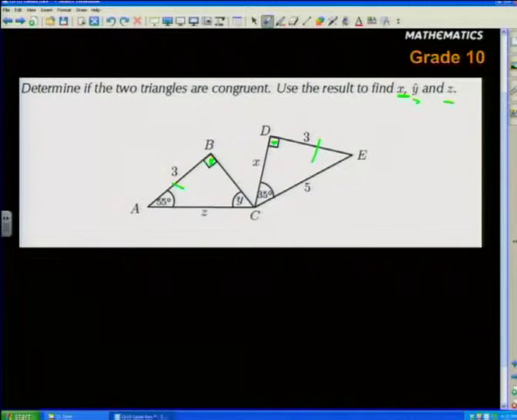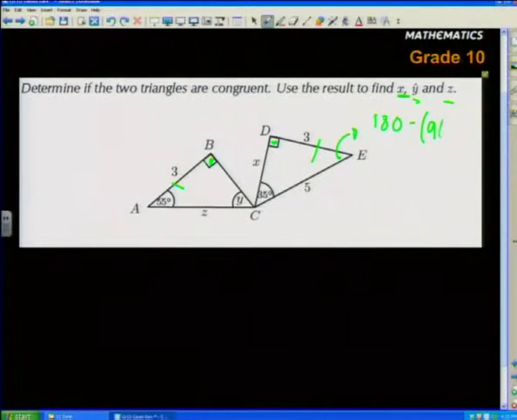Now, in triangle DCE, it is possible to work out angle E using angles of a triangle. So remember that's 90 and that's 35, so I can work out angle E by saying 180 minus angle D plus angle C. So 180 minus 90 plus 35.